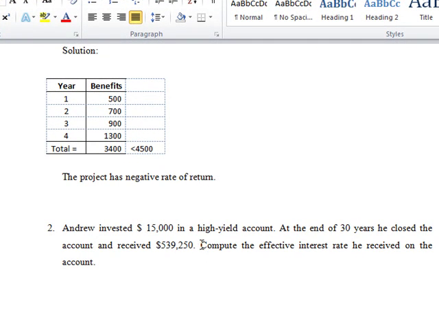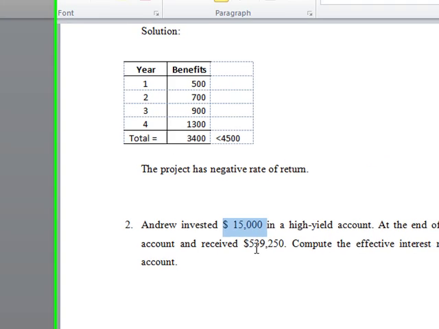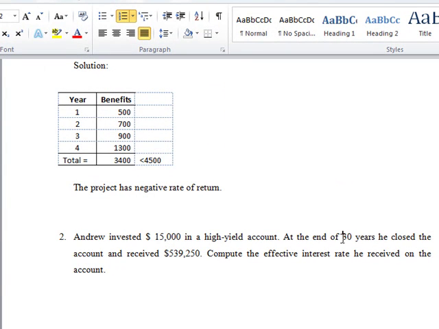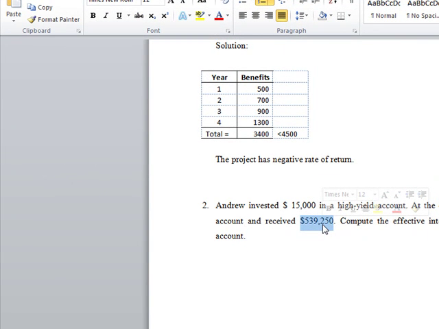So what we need to do is compute the effective interest rate he received on this account. His initial investment was $15,000, and he invested that money for 30 years, as you can see, and at the end of 30 years he received $539,250. So what would be the effective interest rate, right?